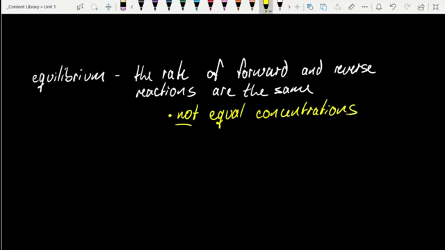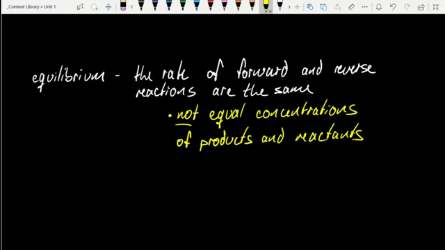It does not mean that the concentrations of products and reactants are the same. It just means that they're in equilibrium with each other. In other words, the products are turning into the reactants at the same rate that the reactants are turning back into the products. That's the idea of equilibrium in a reversible reaction.